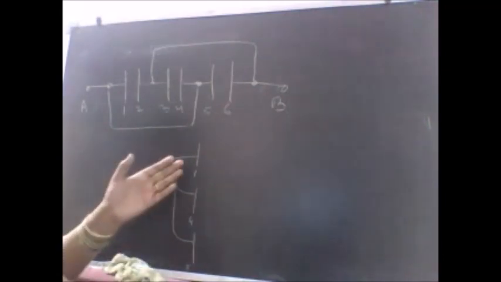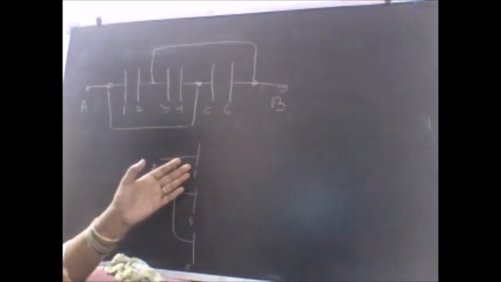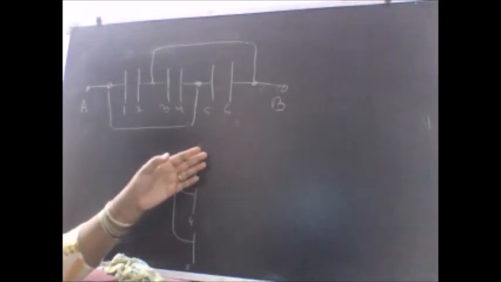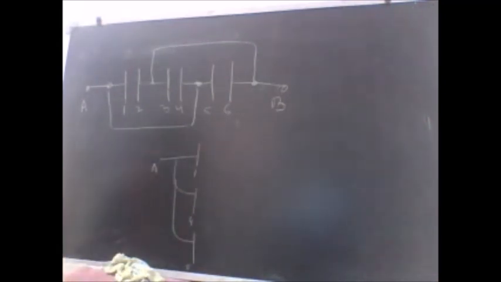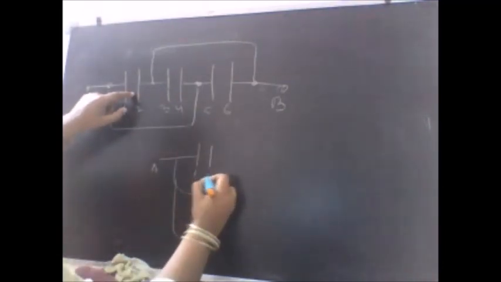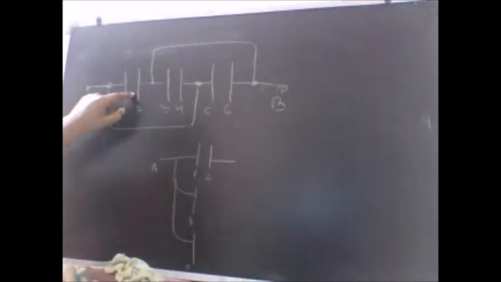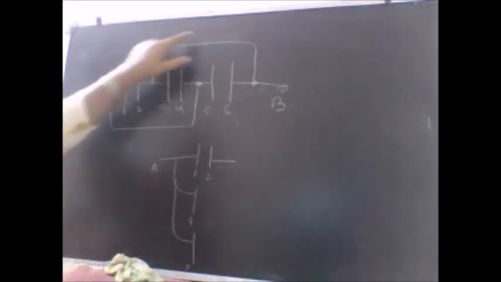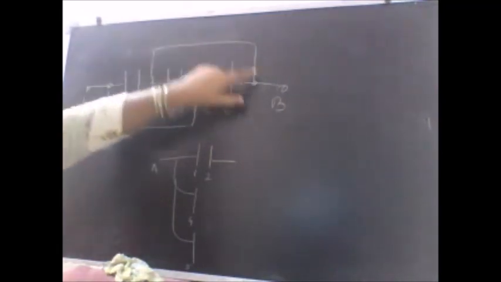But one in isolation is not forming a parallel plate capacitor. So which is the plate forming a capacitor with plate 1? This is the second plate which is forming a capacitor. Okay, we are done with this. 2 is connected to 3 and 2 is also connected to 6 through this wire.